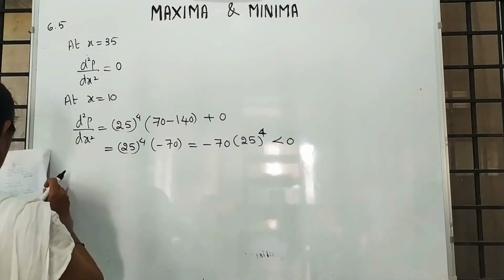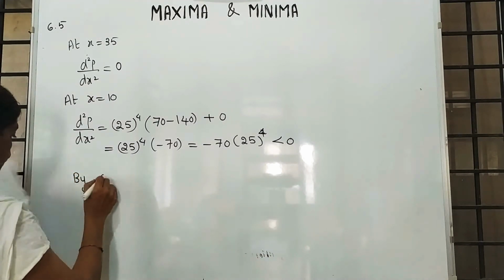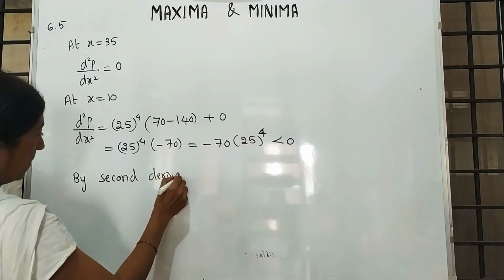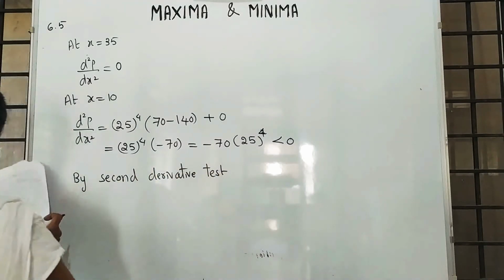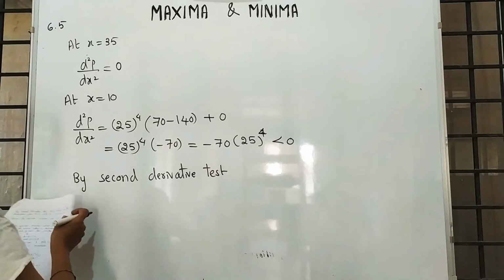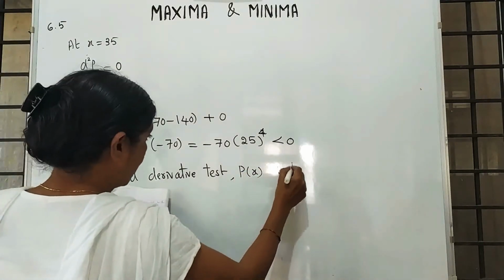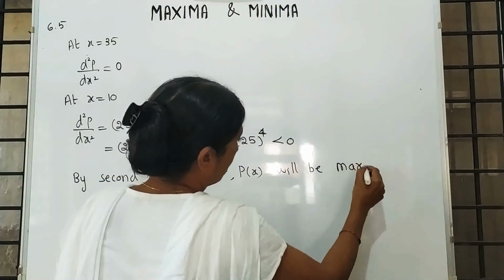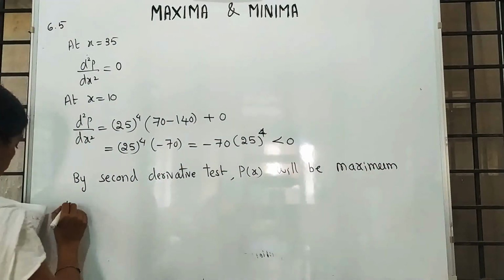By the second derivative test, P of x will be maximum, that is, the product will be maximum when x is equal to 10.